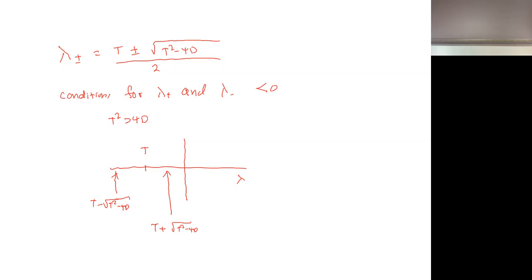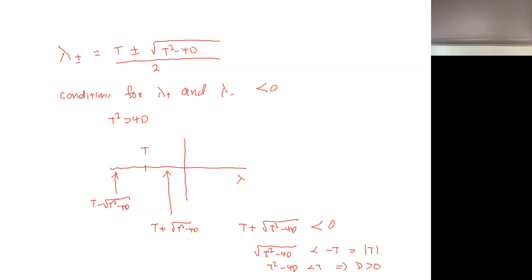And what we clearly have to have is T plus the square root of T squared minus 4D less than 0. T is already negative, so it means the square root of T squared minus 4D is less than minus T, which equals the absolute value of T. We square both sides and we get T squared minus 4D is less than T squared, which implies D is greater than 0.